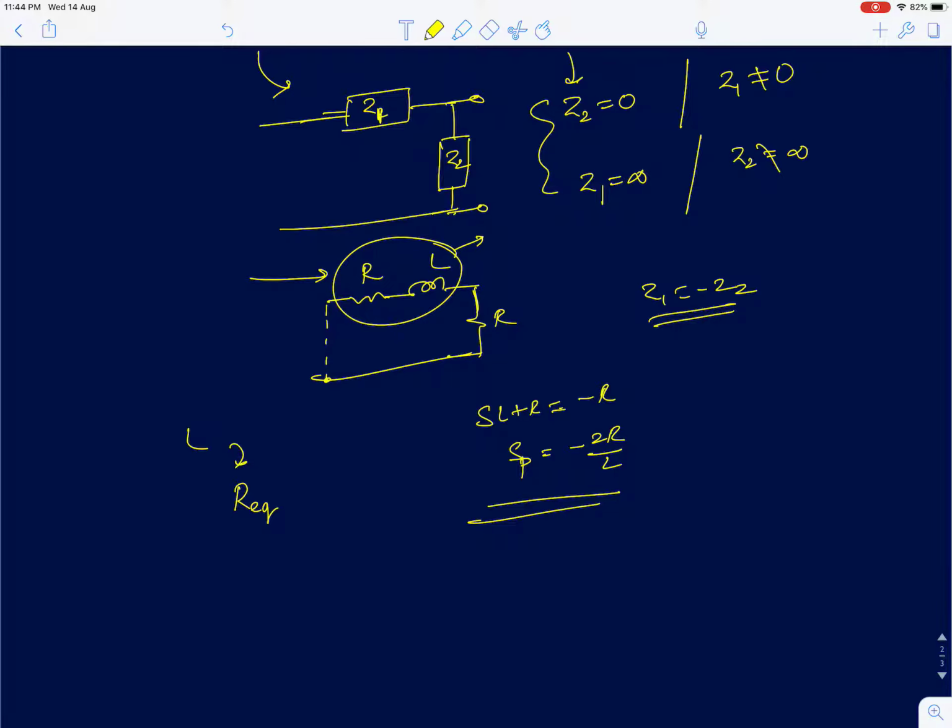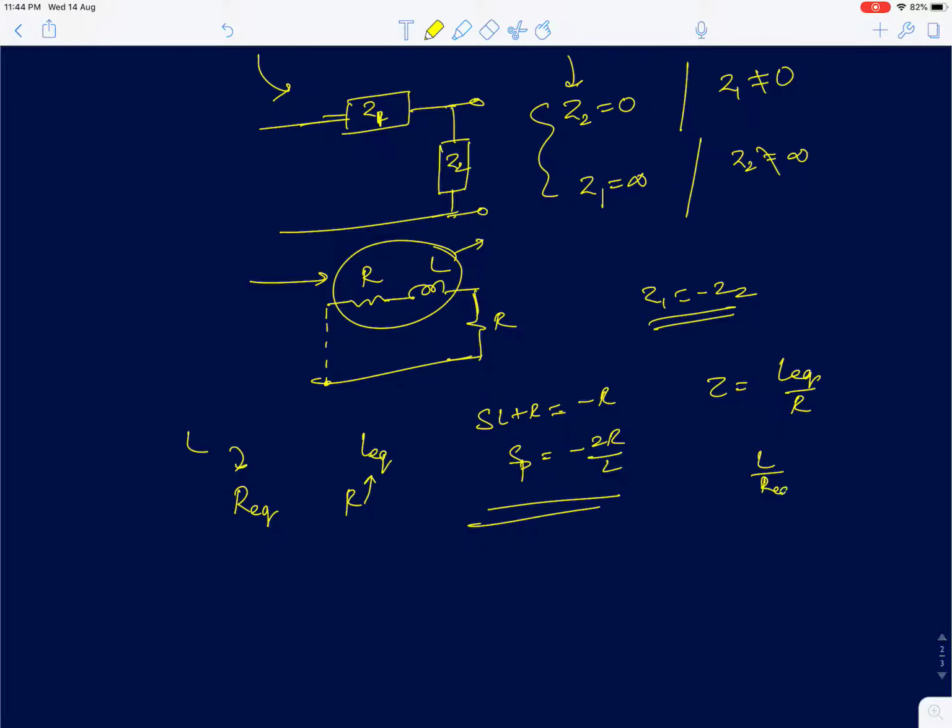And in the other case, when you have many inductors and just one resistor, you just have to find the equivalent inductance seen by the resistance. So that will give you the total. Then the time constant will be simply L equivalent by R, or R equivalent by L, or L by R equivalent, depending upon the circuit.